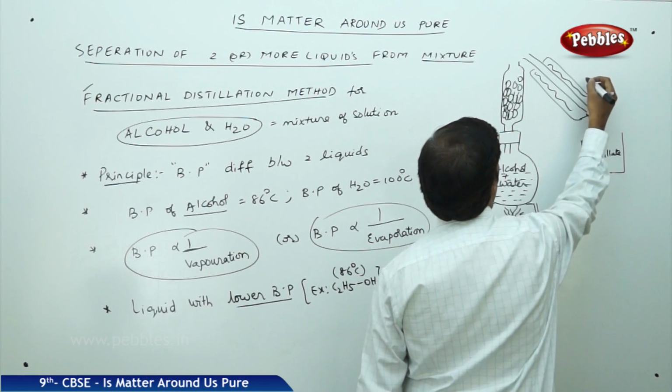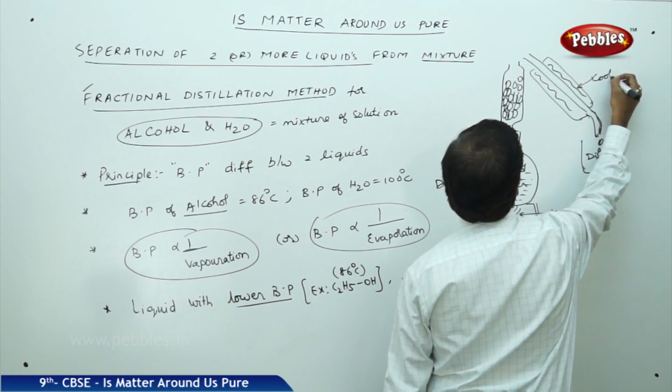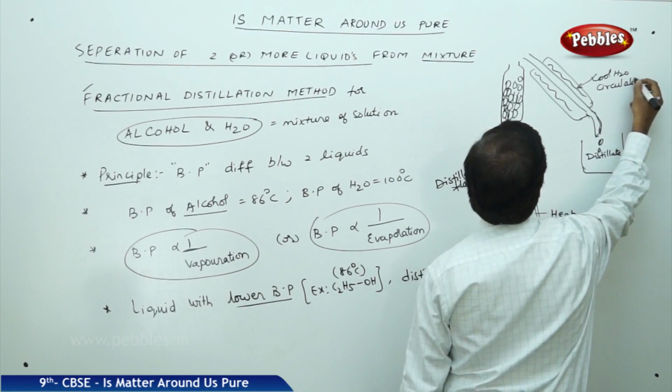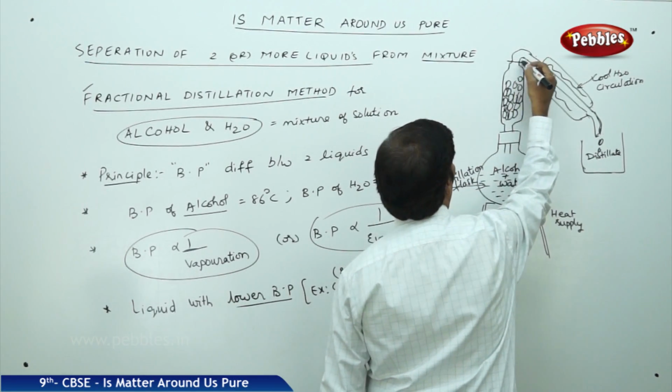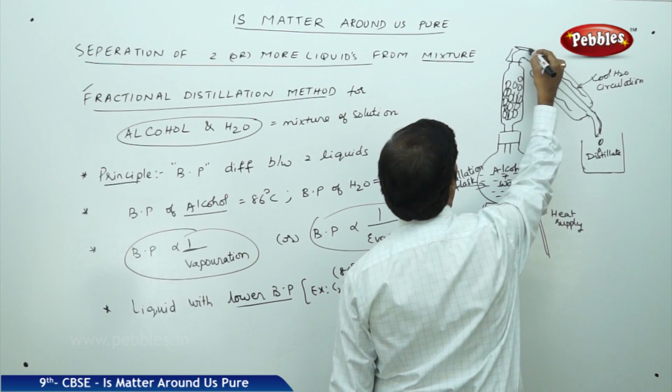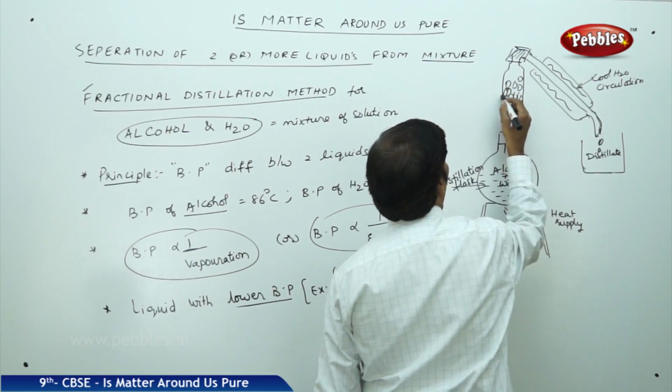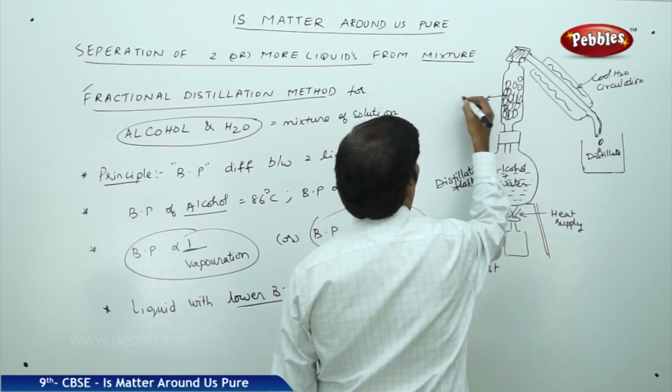Cool water. A small rubber cork is placed as the connecting link for this glass pipe.